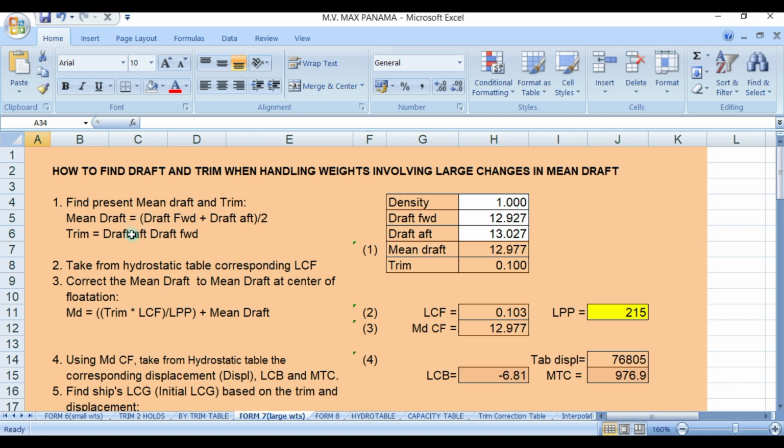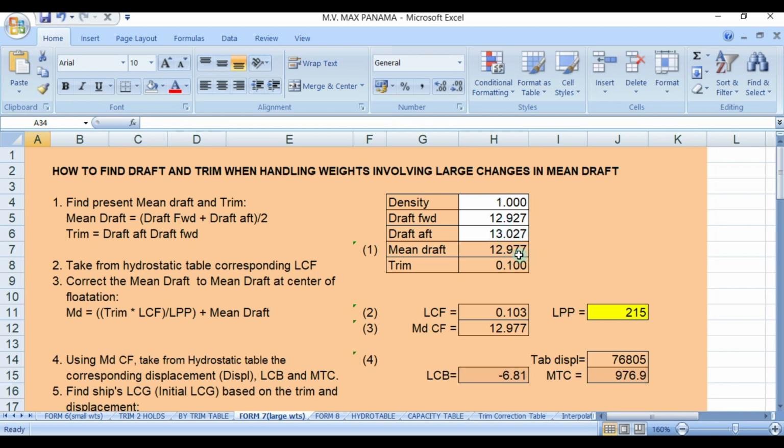In number one, you have to input your departure drop, forward and aft drop, and mean drop, and trim. You put your density in Baton Rouge where you are going to load.